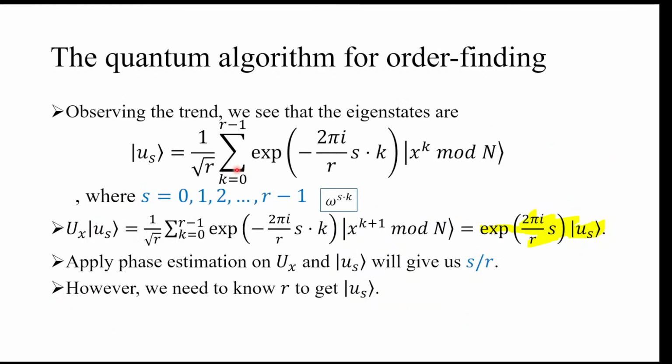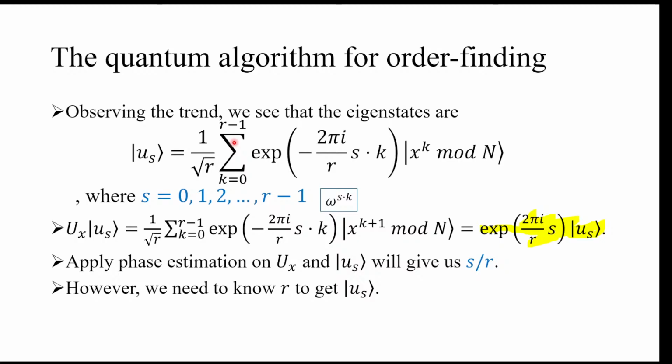If you write everything as an algebraic expression, then us is the sum over k from 0 to r minus 1 of omega to the s times k, times x to the k mod n, with some normalization.